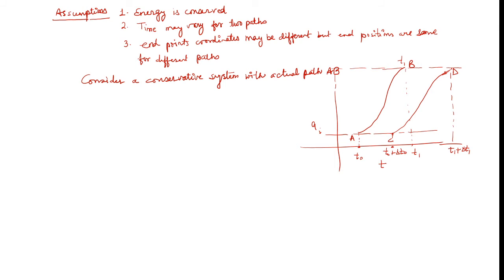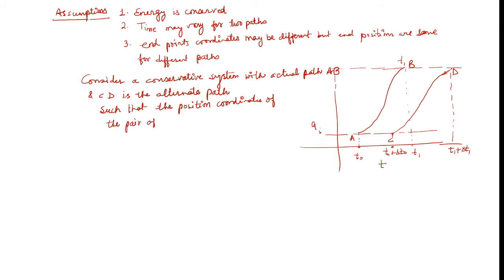So the actual path is AB and CD is the alternate path, such that the position coordinates of the pair, you can say AC as a pair and BD as a pair, the pair of points AC and BD are fixed, right?